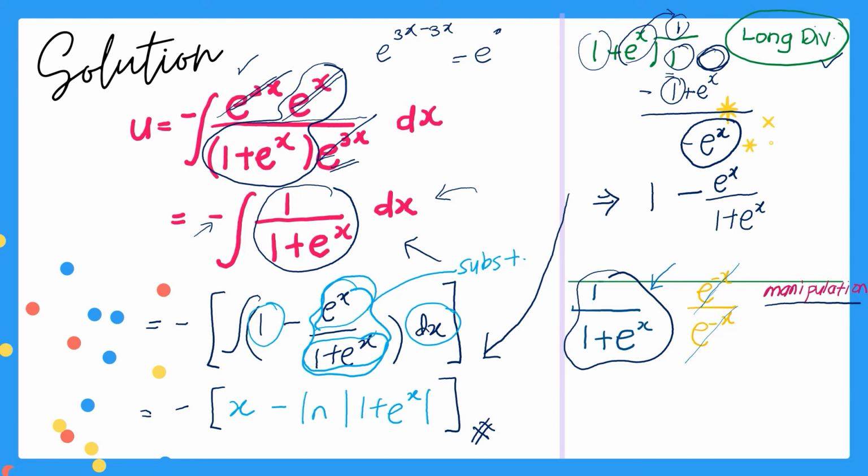Why do I put e^(-x) here? Why do I choose e^(-x)? This is because I want to cancel out e^x here.